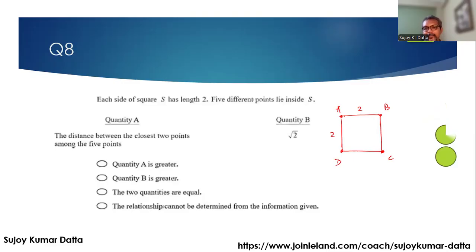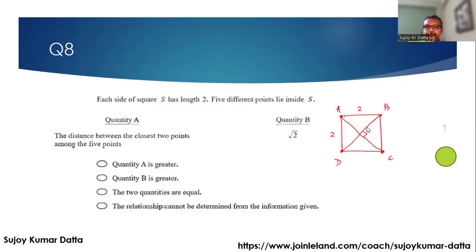Now, where do we put the next point? The fifth point. The point which is farthest from all of them. If I take a point which is farthest from A and C, it should be along the perpendicular bisector of the length AC, right?